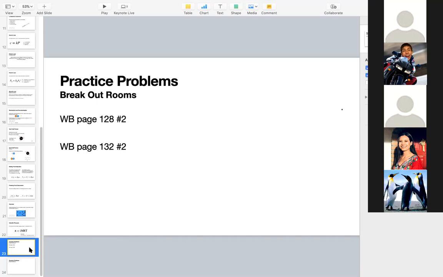Let's look at boiling point first. Since we know we're looking for boiling point, the first thing I would recommend is to write down the equation for boiling point: TB equals T naught B plus i KB m, where m is little m.